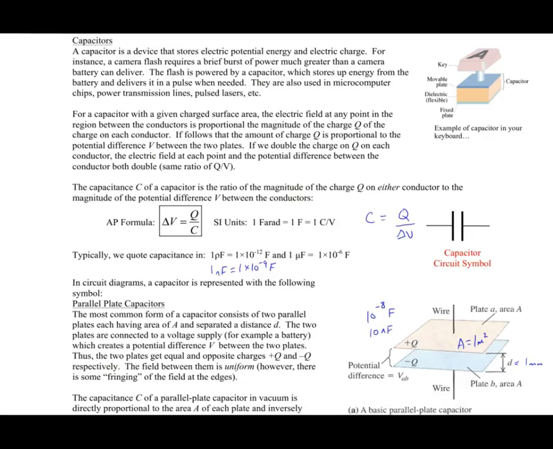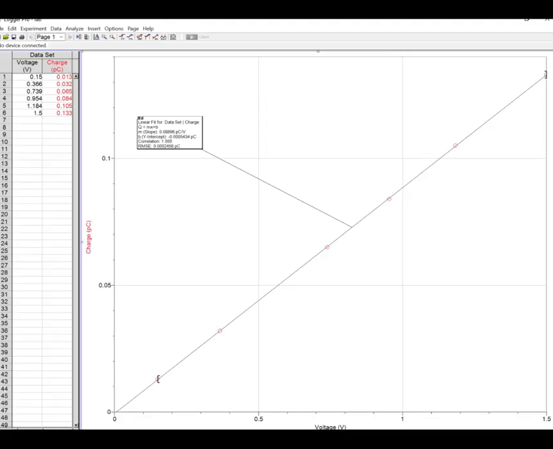So what is capacitance conceptually? Well, think of it like its ability to hold charge for a given voltage. If I were to have a different capacitor that had a higher capacitance, the slope of this line would be steeper, so it could hold more charge for a given voltage.